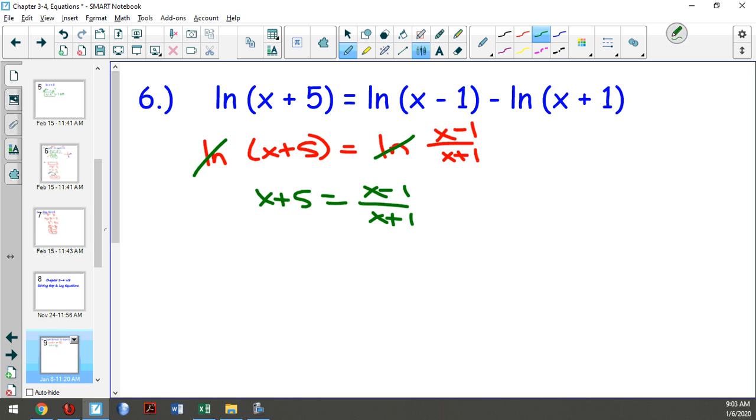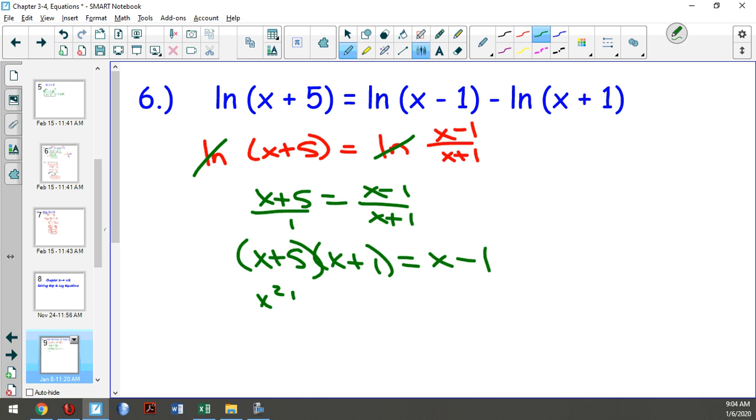How would you solve this? Well, could you cross multiply? Sure, or just multiply both sides by x plus 1. That's the same thing. And then what would you do now with those 2 parentheses? FOIL that. So that's an x squared plus a 5x plus an x plus a 5 is equal to x minus 1.